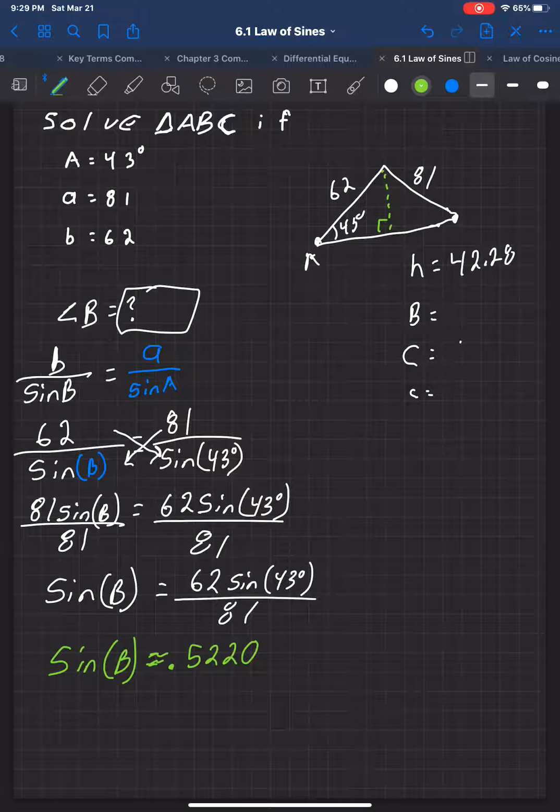Why is it that if a student writes 0.5220 for angle B, that is wrong? Why is that a mistake? Because that's not angle B. That's sine of angle B. Most common mistake. This is not your answer.